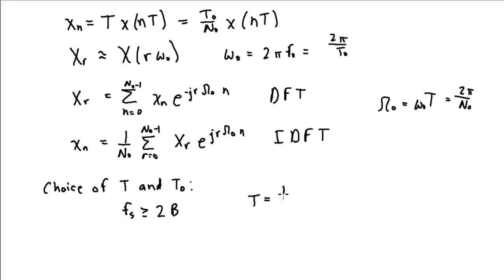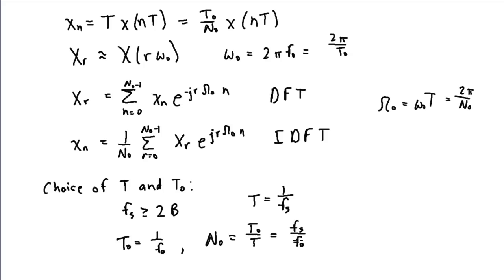So our sample time is 1 over our sample frequency. So we'll use this relationship to actually help find our sample time. And then T0 is equal to 1 over F0, where F0 is our desired frequency resolution. Okay. Now N0 is equal to T0 over T, or it's equal to Fs over F0.